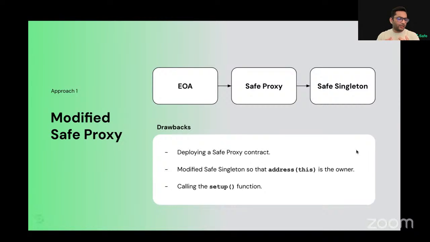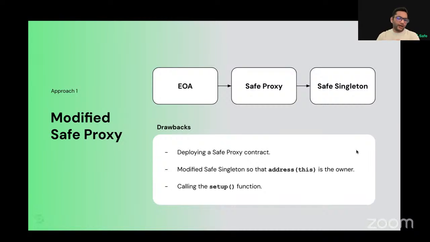But with EIP-7702, when an EOA delegates to a safe account, the owner can be the EOA itself because the EOA has a private key and it can be used for signing transactions. So we need a slightly modified safe singleton in this approach.